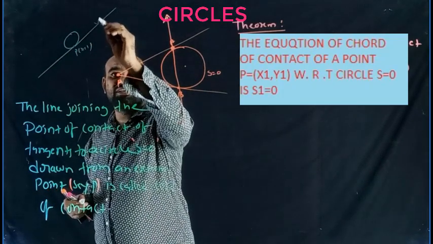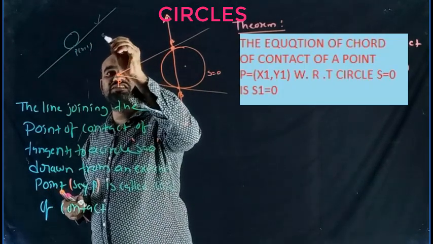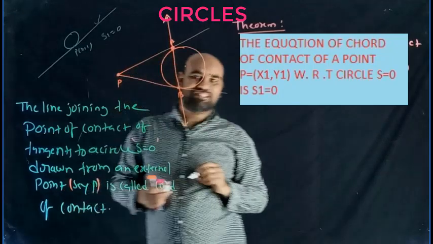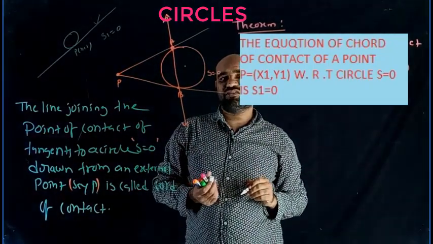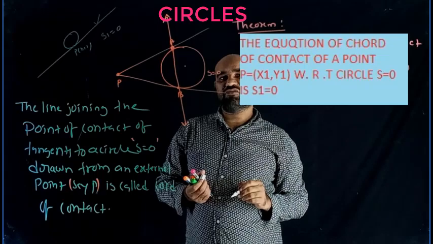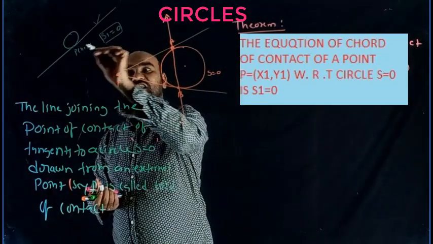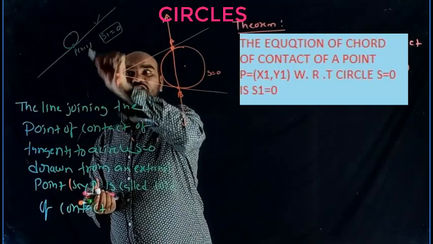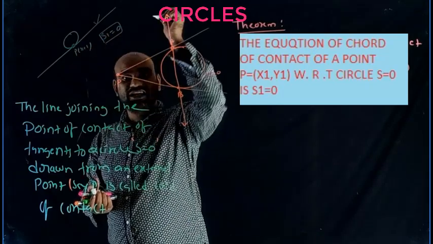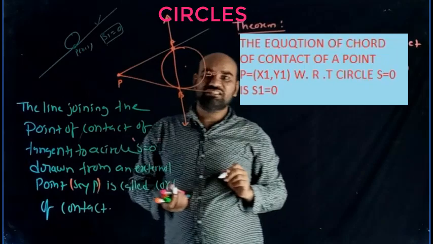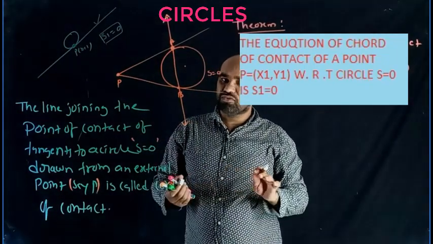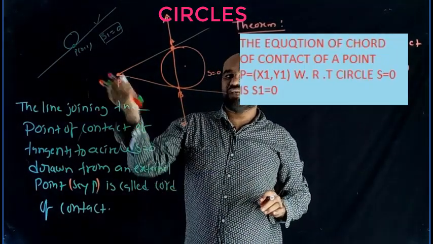The equation of this unique tangent is S1 equal to 0, that is, xx1 plus yy1 plus g times (x plus x1) plus f times (y plus y1) plus c equal to 0, where S equal to 0 is the circle. If P is on the circle, through that point you can draw a unique tangent. The equation of that unique tangent is nothing but S1 equal to 0, already proved. That is called the point form of tangent.